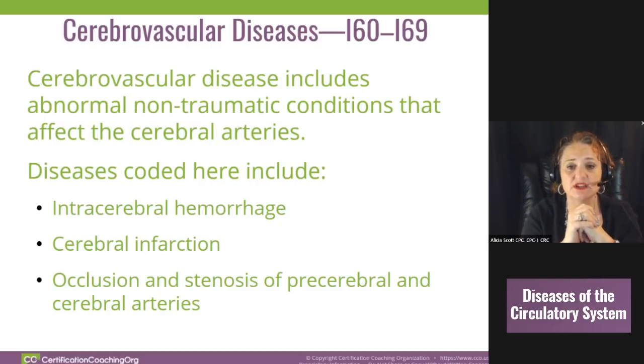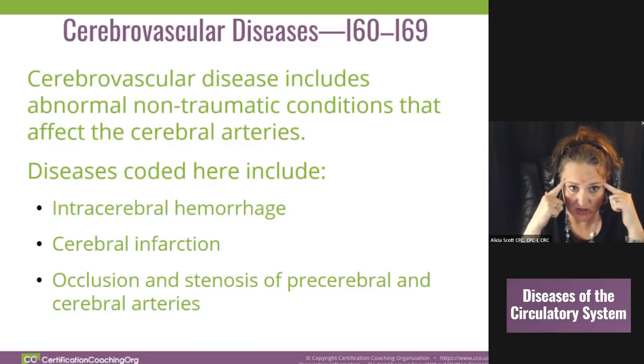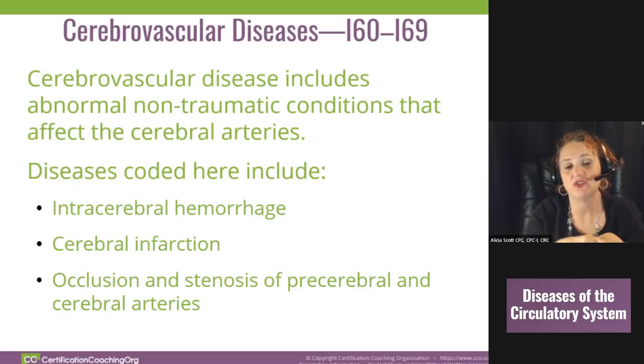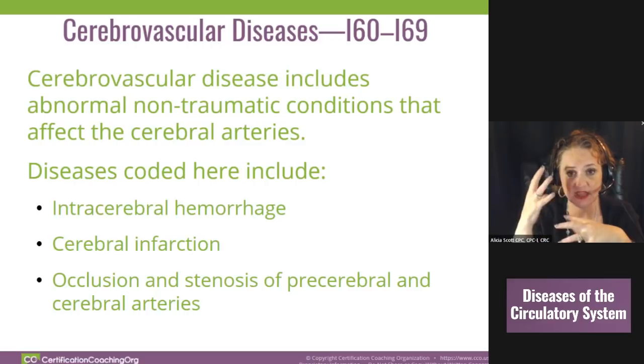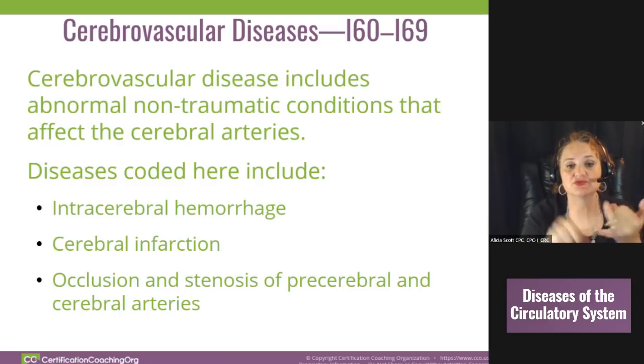Whereas if it's non-traumatic, something inside has gone wrong. So this is stated abnormal, non-traumatic condition. It wasn't due to a blow to the head or some other outside force, but it affects all of those cerebral arteries, the vascular system.